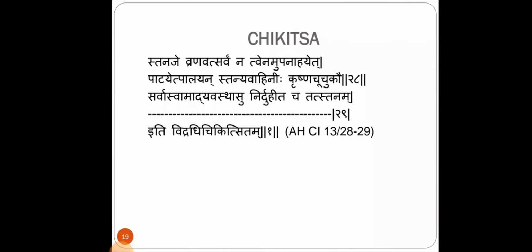Sarvasvam Adhyavastasu Nirduhita cha Tatstanam. That is, breastfeeding should be stopped from that breast. So Vrana Chikitsa can be adopted except Upanaha. Then Patana is the main karma that can be done, protecting the Stanyavahini and Krishna Chuchuka, and it is better to avoid breastfeeding from the affected breast.